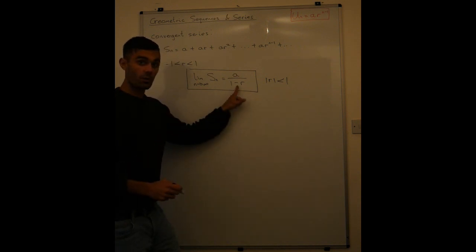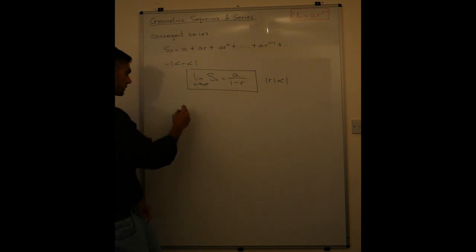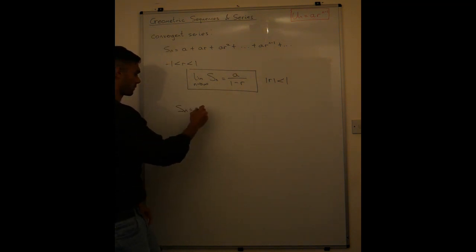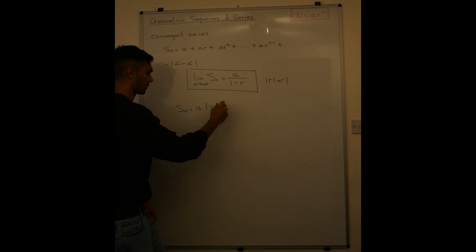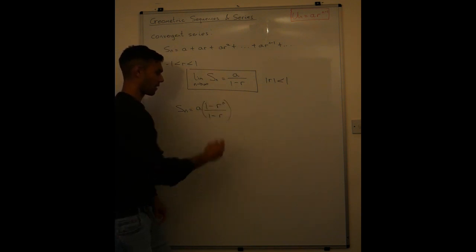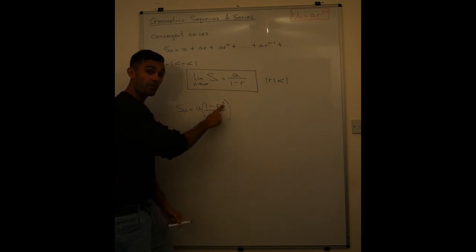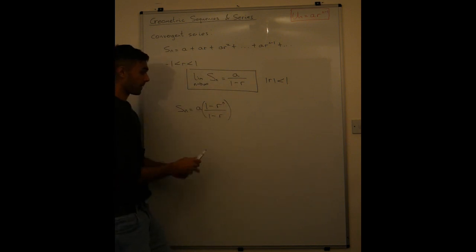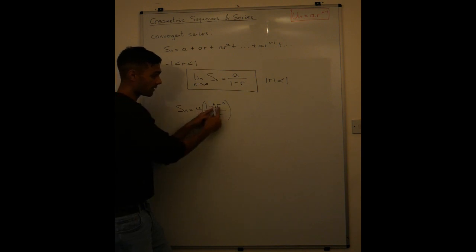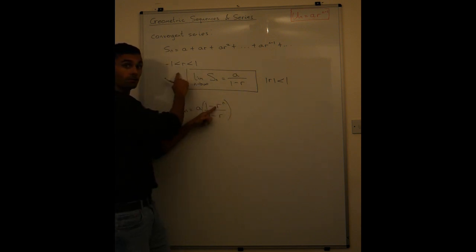It's not too difficult to see where it comes from, actually. If you think about the formula for Sn, now, if n is getting very, very large, then this term here is going to approach 0. Remember, r's between minus 1 and 1.